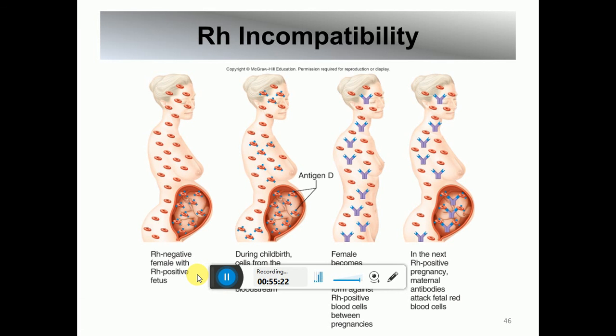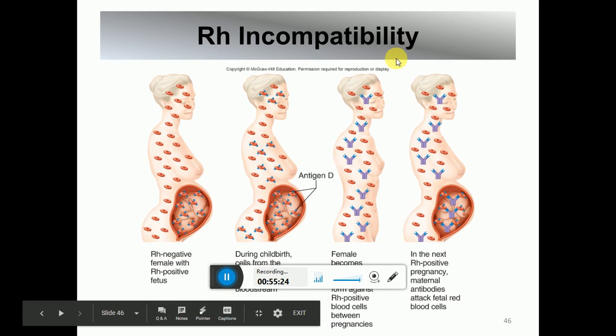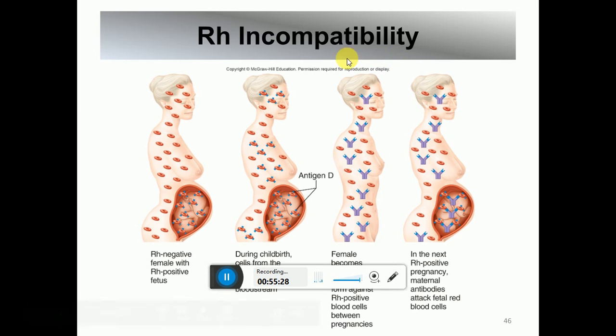So we'll see what happens here in Rh incompatibility. What do we mean by Rh incompatibility? This is an issue if the mother is Rh negative and the fetus is Rh positive. The only way that can happen is if the father of this fetus is Rh positive. Again, your problem would be if there's a mom that's Rh negative, but the baby is Rh positive.